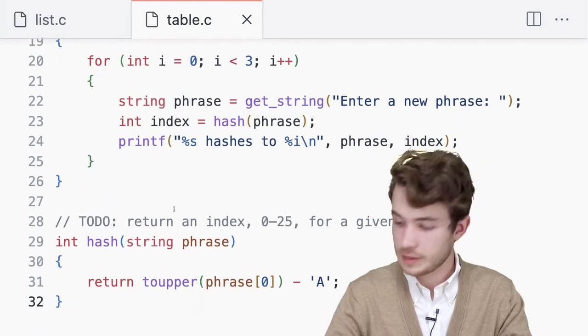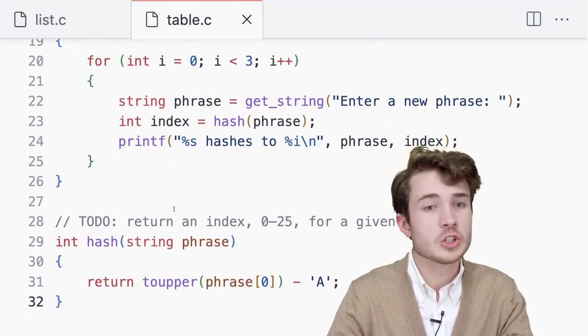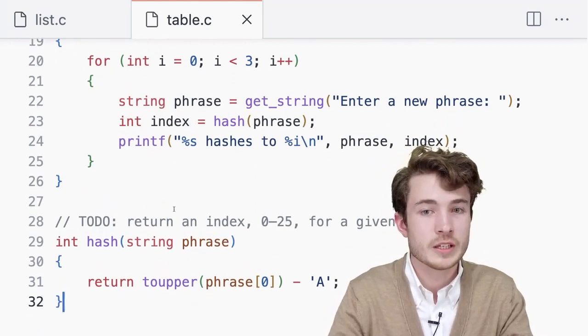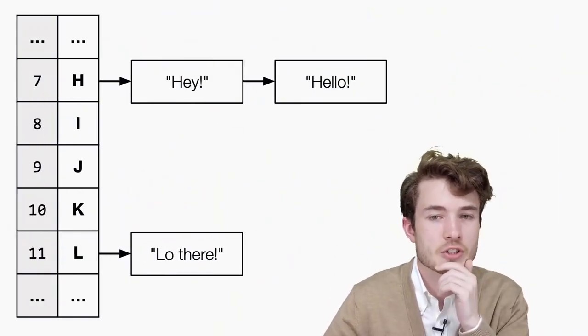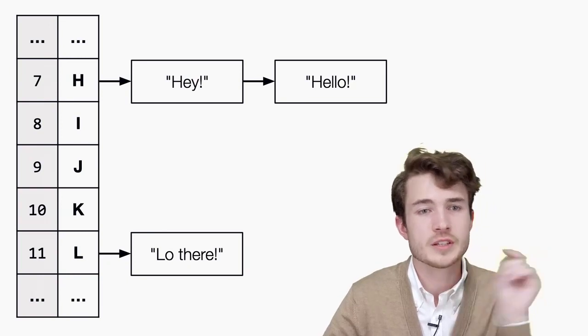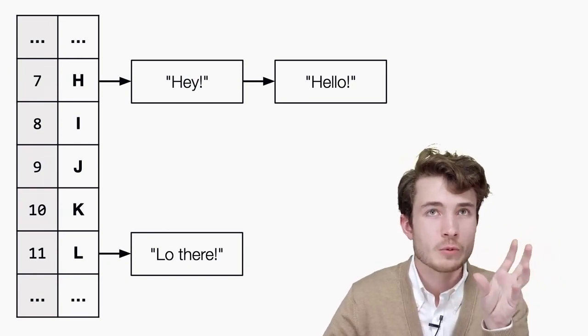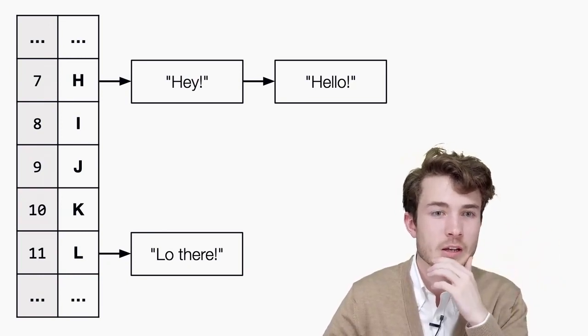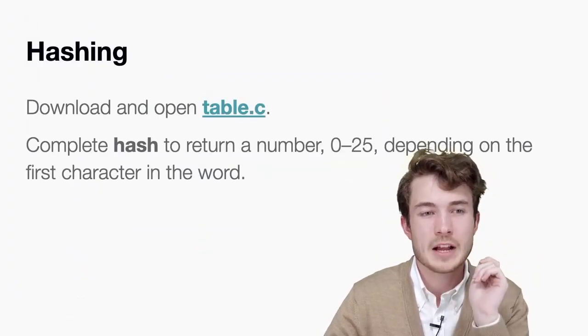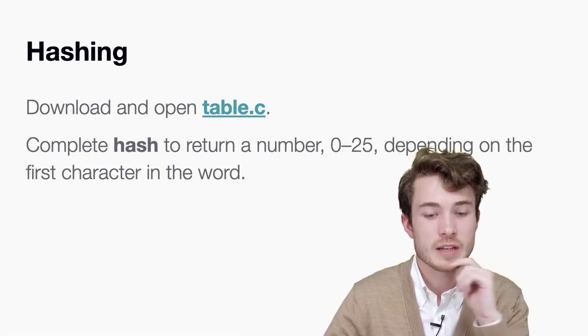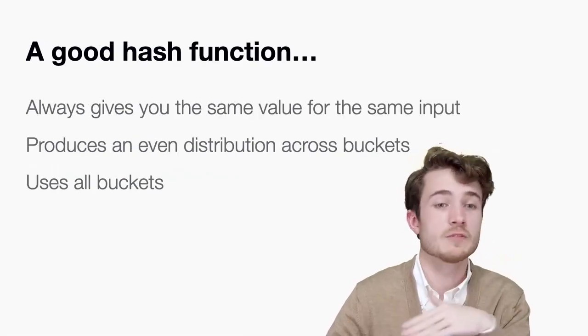So let's go ahead and think about what makes for a good hash function. If we think about this as our very first hash function, this idea of putting nodes into individual buckets, that's not going to be quite what we want it to be. If we think about how we could make sure we have a better hash function than this, what we could do is make sure we have a good distribution of values across it.